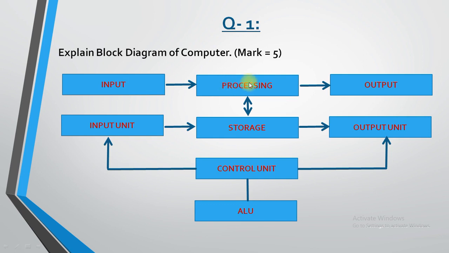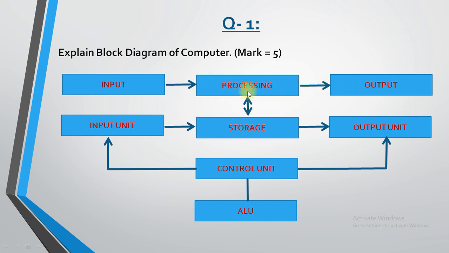That means the processing unit will never give data to the input unit. Similarly, whatever data you have processed will be transferred into the output section. That means output will never give any data to the processing unit. So this channel is known as one-way communication.